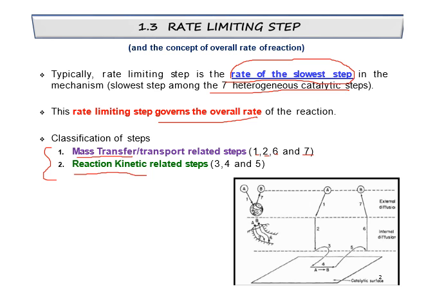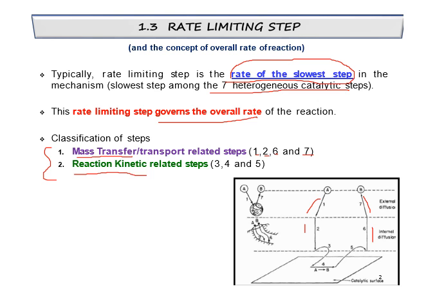Because steps 1, 2, 6, and 7 involve diffusion, which is external diffusion of reactants going to the surface of the catalyst, and also diffusion from the catalyst surface into the bulk fluid. So mass transfer refers to the transport phenomena steps, which are step number 1, 2, 6, and 7.